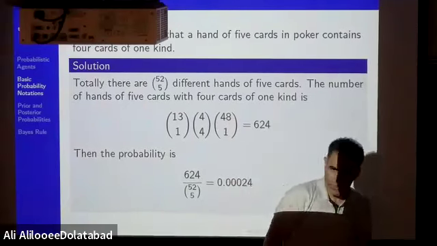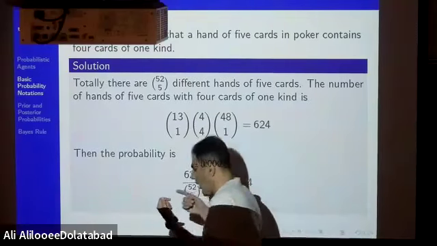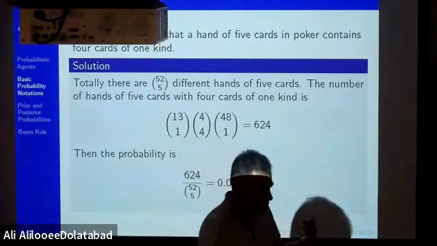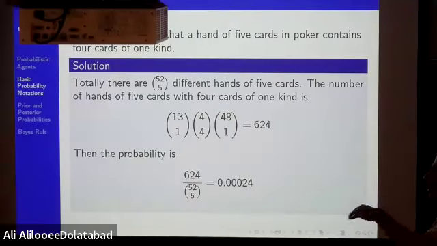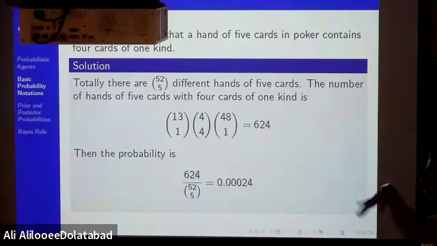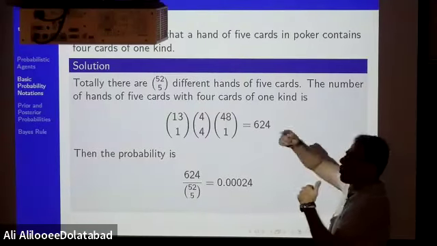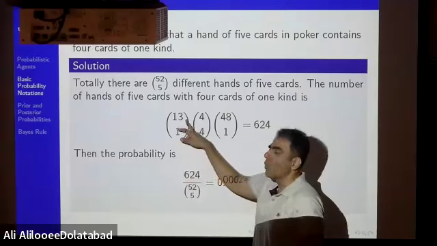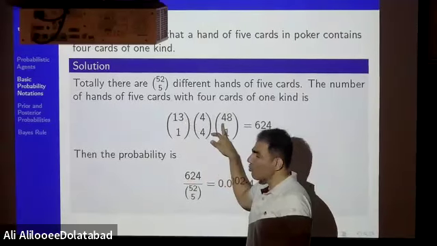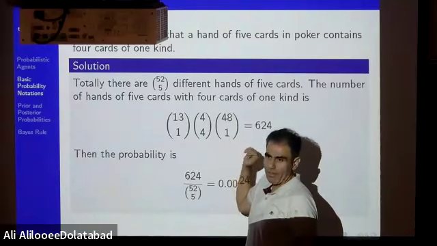It means in one hand you may have something like this. For example, you may have king of spades, king of heart, king of diamond, and so on. All four kings are already chosen. And the one remaining card should be chosen from the remaining cards. 52 minus 4 is 48, and that one remaining card will be chosen from them.